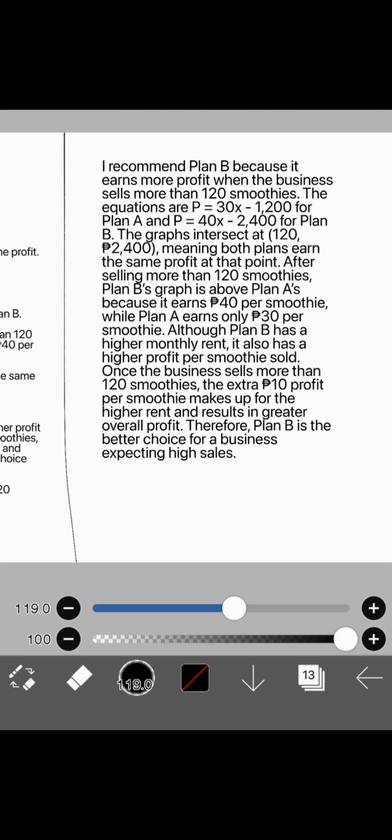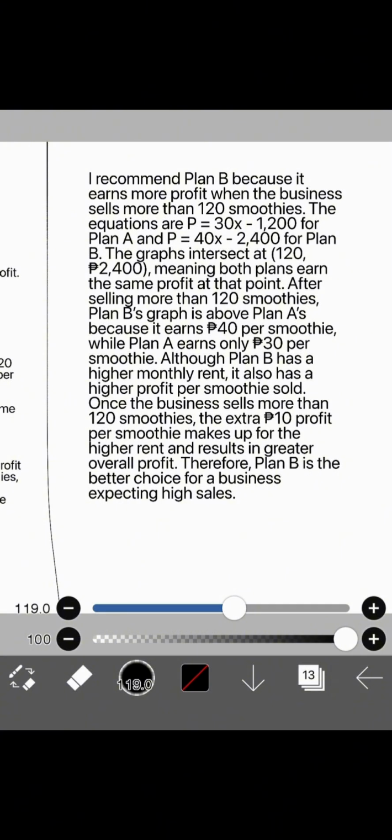This is our CER. I recommend plan B because it earns more profit when the business sells more than 120 smoothies. The equations are profit equals 30x minus 1,200 for plan A and P equals 40x minus 2,400 for plan B. The graphs intersect at 120 and they make 2,400 pesos, meaning both plans earn the same profit at that point.